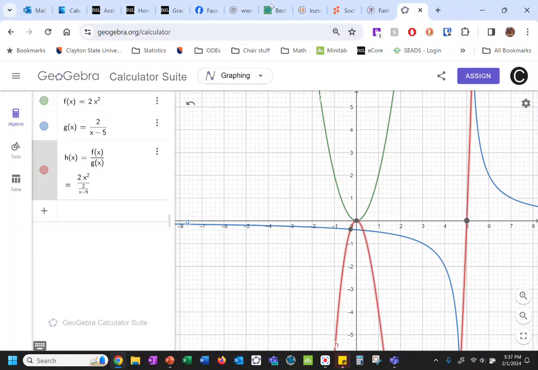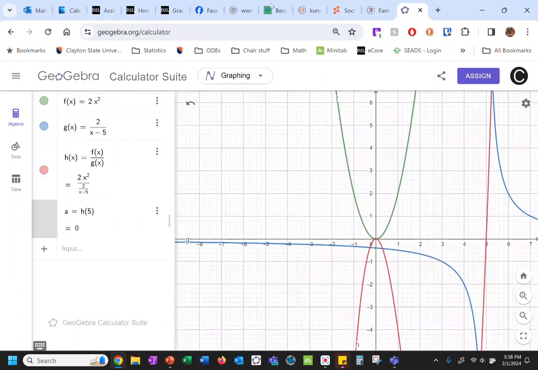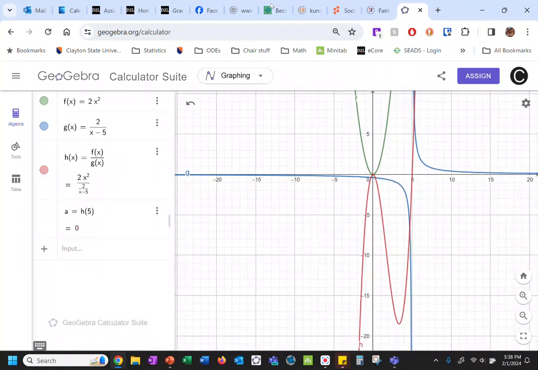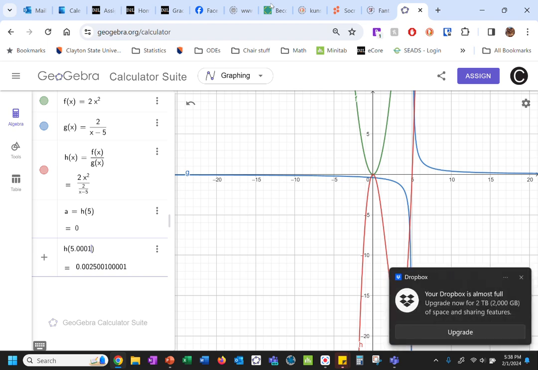But if I ask it what h of 5 is, it is going to tell me 0, not undefined. And if we zoom out on this, it doesn't have that asymptote there. It gives h of 5.0001 as a really small number, but 5 should not be in the domain.